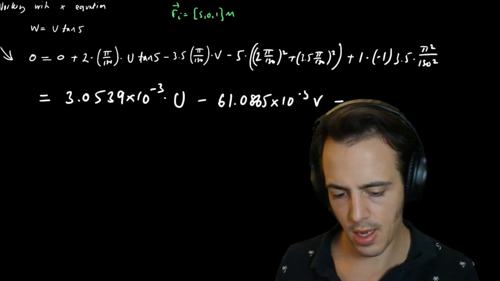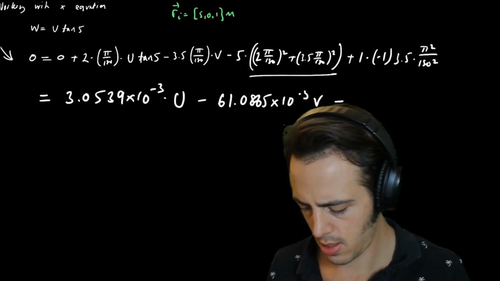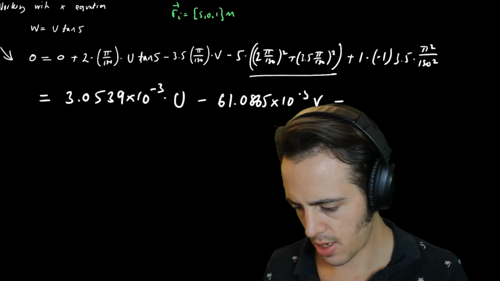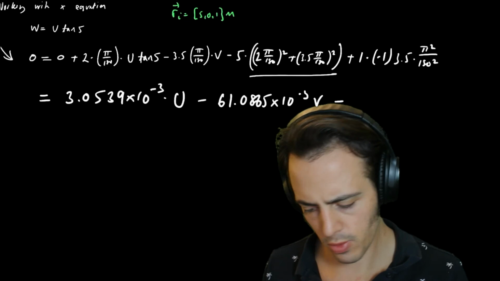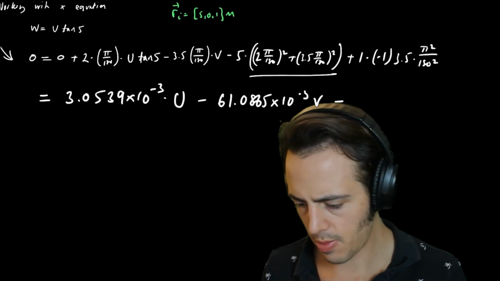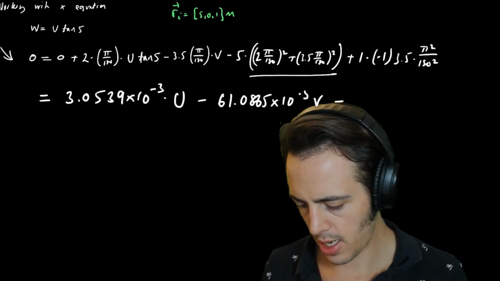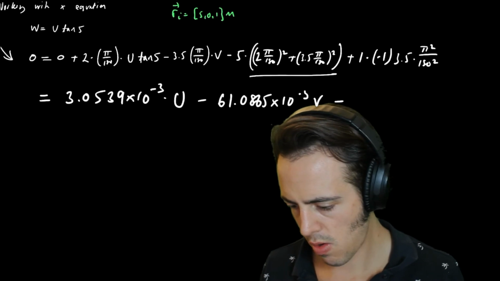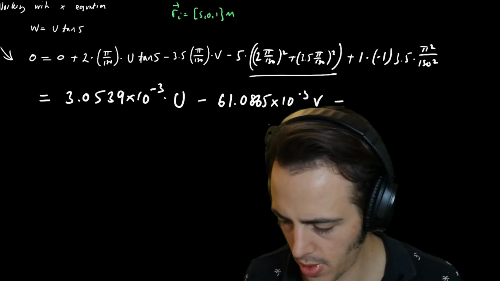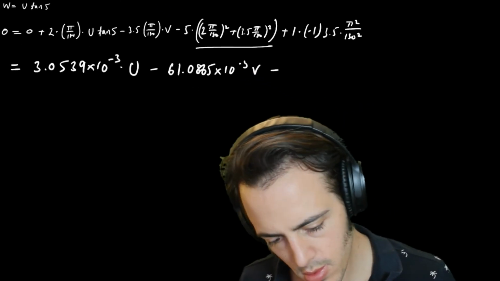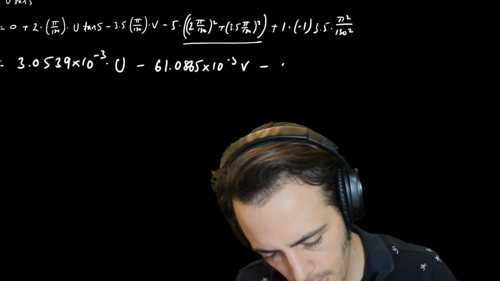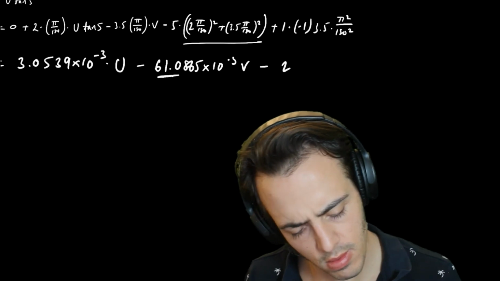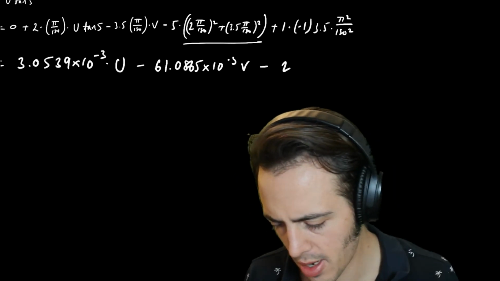minus, let's do this dirty great expression here, 5 multiplied by 2 times pi on 180 all squared plus 3.5 times pi divided by 180 squared gives me 0. Let's do this 1, 2, 3. I don't know why I put this exponent to 2 before there, but never mind.